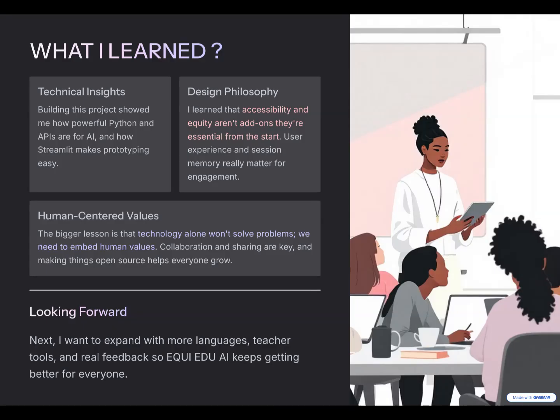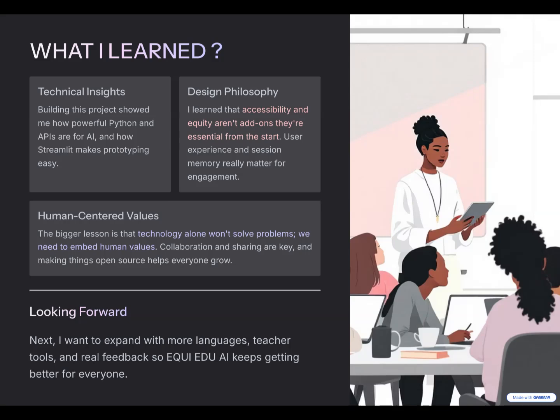What I learned from this journey is building this project showed me how powerful Python and APIs are for AI and how Streamlit makes prototyping easy. I learned that accessibility and equity aren't add-ons. They're essential from the start. User experience and session memory really matter for engagement.